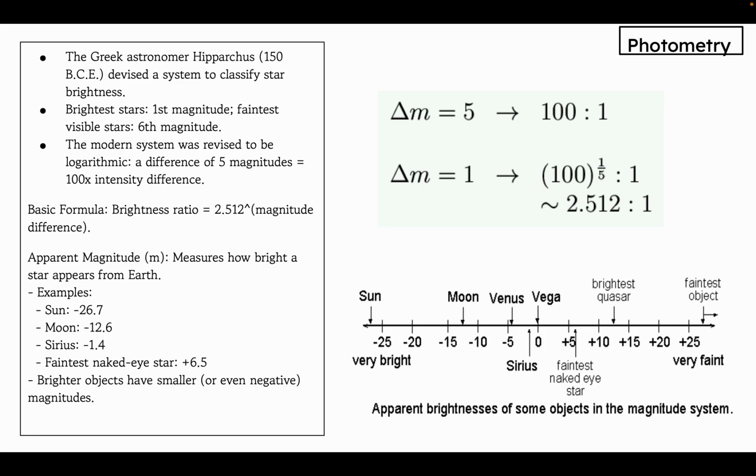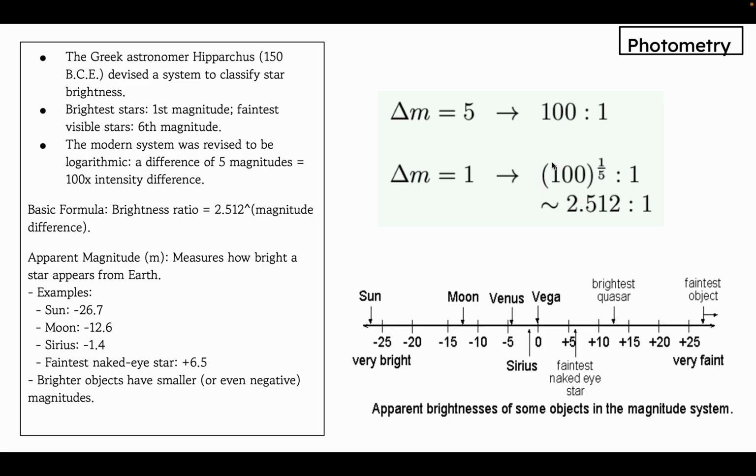He found that on the sky all stars do not give the same brightness. So he marked some of the brightest stars with 1 magnitude and the faintest stars with 6 magnitude. He was the first person who developed a photometric scale.